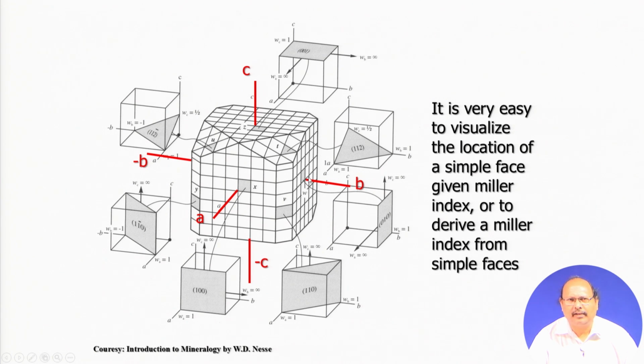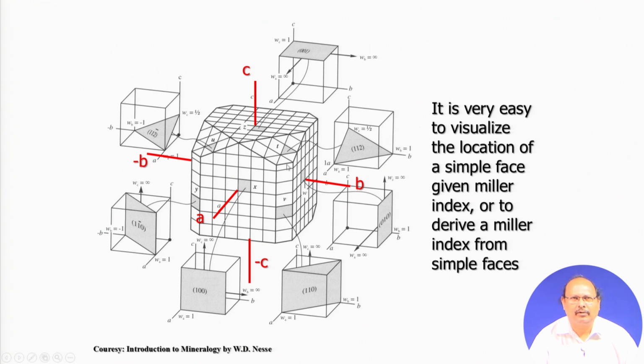What will be this face here? This face is parallel to A, it is parallel to C, but intersects the position of B. So, 0 should be in the position of A, 0 should be in the position of C, we will call it 0 1 0. What will be this face here? This face is parallel to A and parallel to B, but it intersected the C crystallographic axis. So, there will be 0 and 0 in the position of A and B, and that is why it will have a nomenclature of 0 0 1.